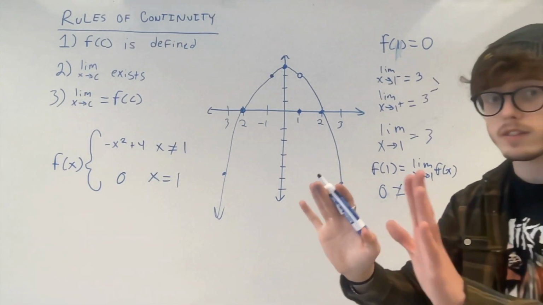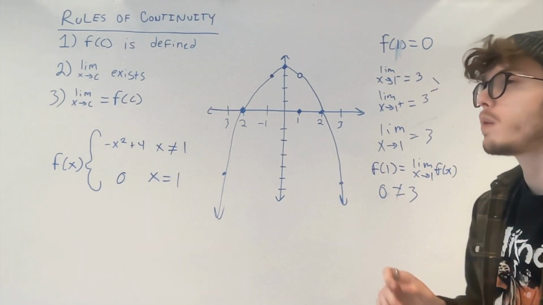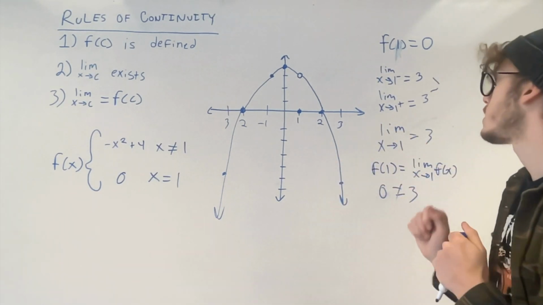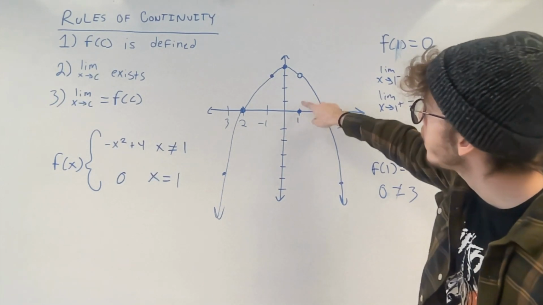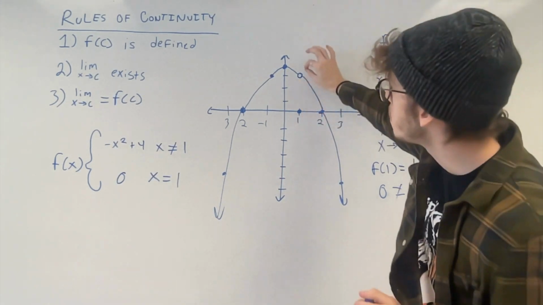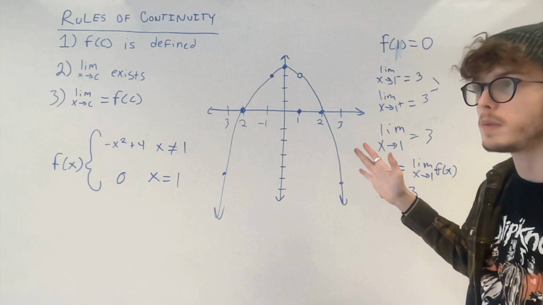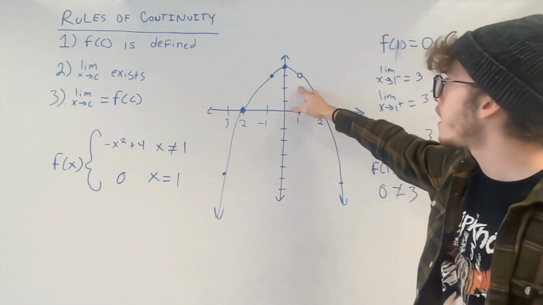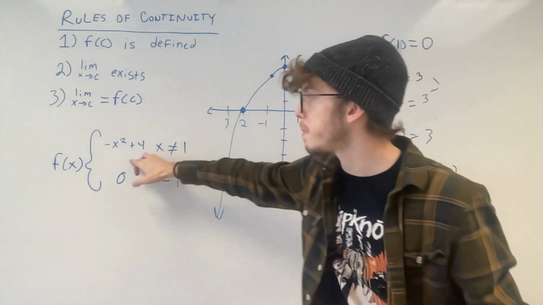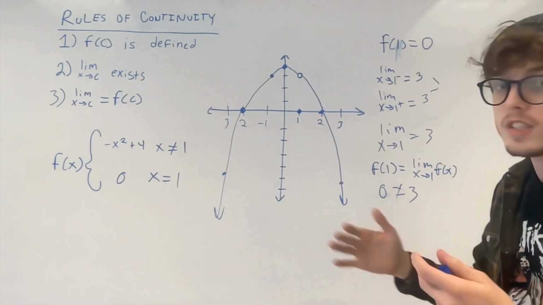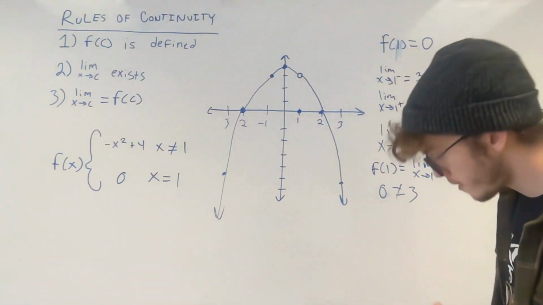So this tells us there is what we call removable discontinuity. If we were to remove this singular point and move it up, it would be defined. If we defined f of 1 to be with the parabolic function, we'd have a continuous function, but it's discontinuous, right?